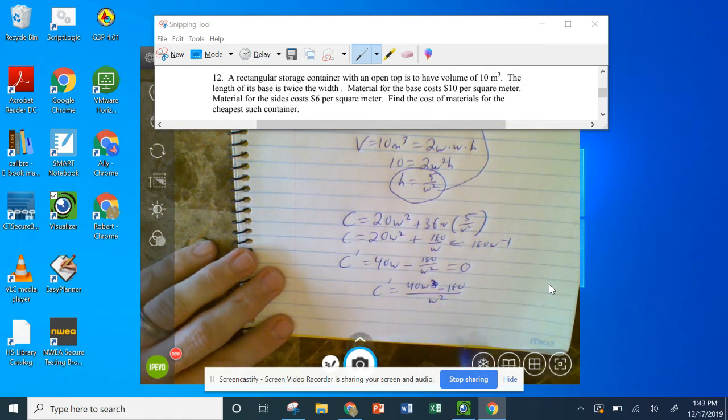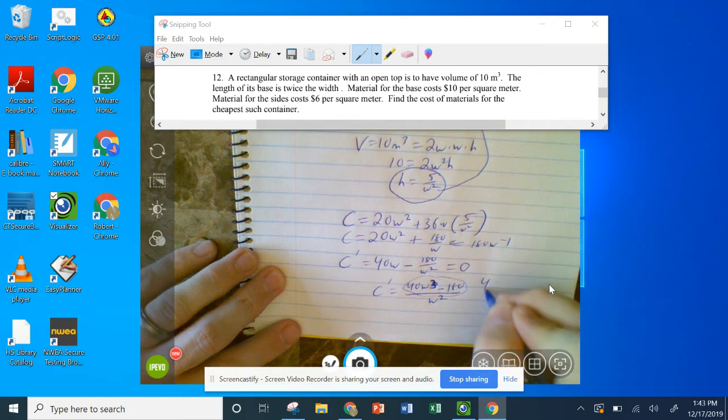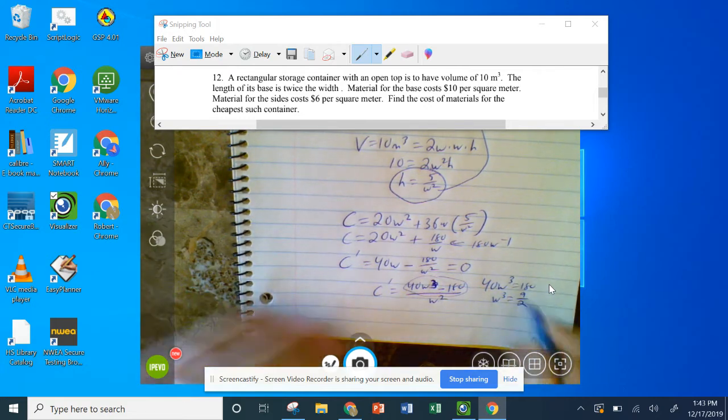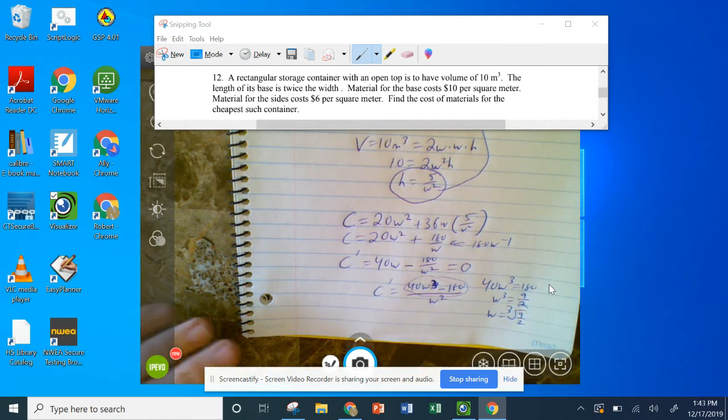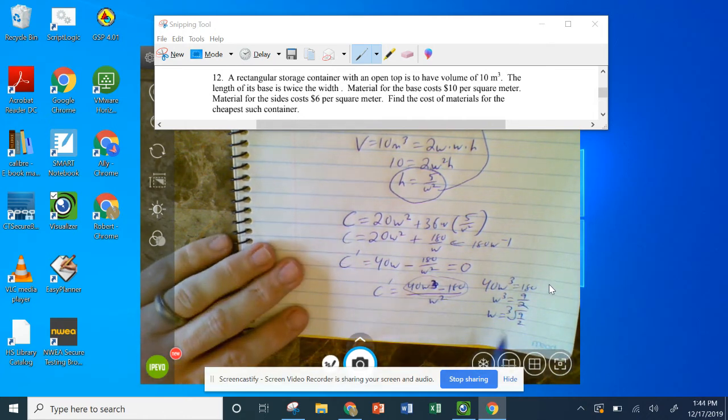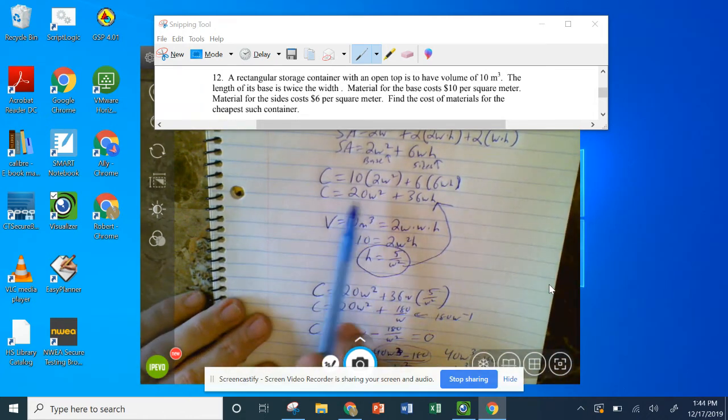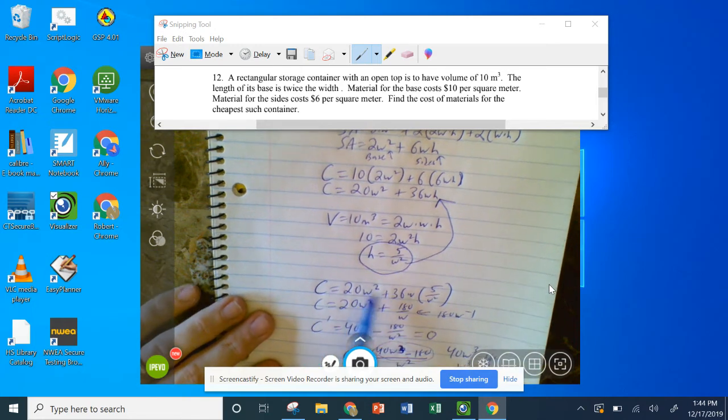That gave me 40w cubed minus 180 all over w squared. So when is 40w cubed equal to 180? When w cubed equals 9/2. So w would be the cube root of 9/2. So there's our width.